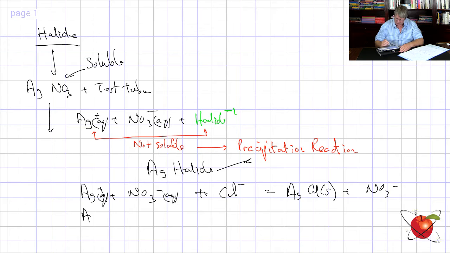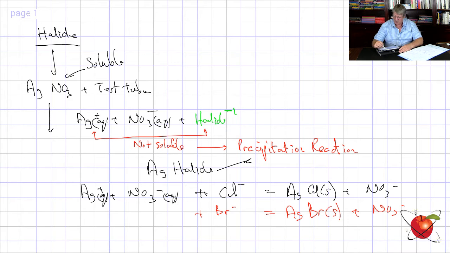Instead of writing out every single time Ag, etc., I'm just going to put plus over this side. Let's put this one in red. Plus, for example, a bromide gives us AgBr, solid, plus NO3-.